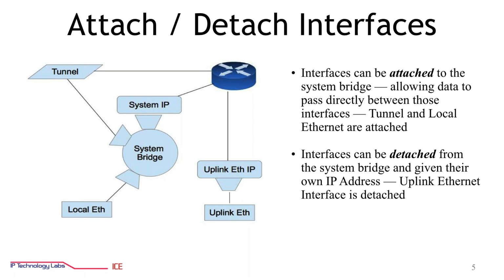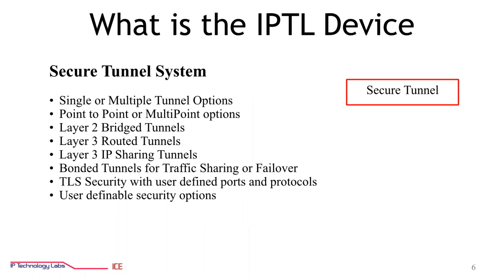When I detach an interface from the system bridge, that interface can then get its own IP address, and I can route between that interface and any other interface. So you can detach all the Ethernet interfaces and use them all as routed interfaces. I can attach all the interfaces to the system bridge and use it as a layer 2 Ethernet bridge interface to communicate with other interfaces.